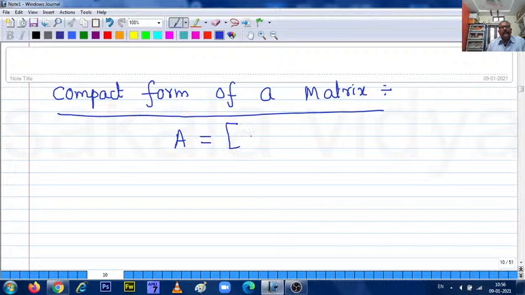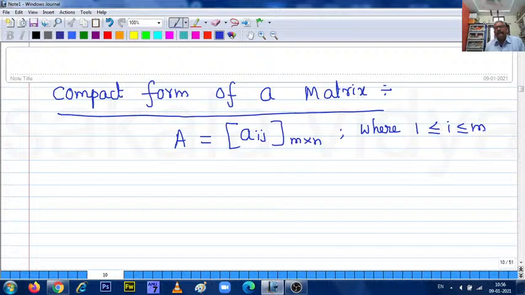A is equal to, we can write Aij like this, m by n, where we can define m and we can define n, where 1 less than or equal to i less than or equal to m and 1 less than or equal to j less than or equal to n. So instead of writing very lengthy manner, so elaborate manner, simple concise manner you can write. This is called compact form of a matrix. With the help of the compact form of a matrix, we can prepare as many matrices.